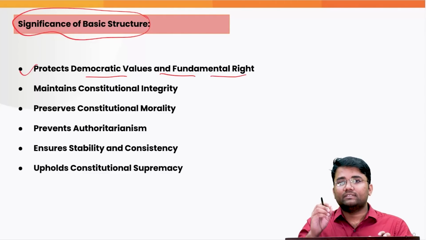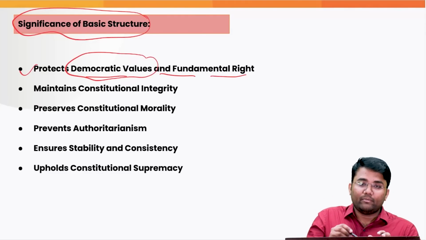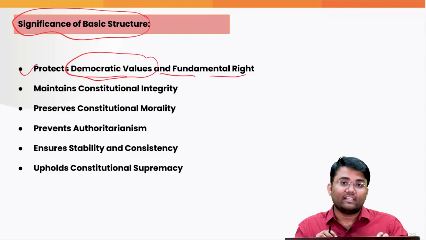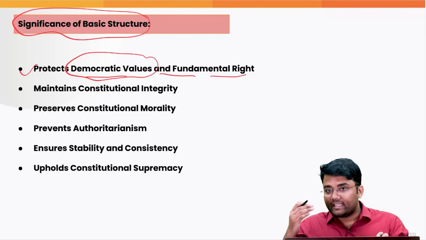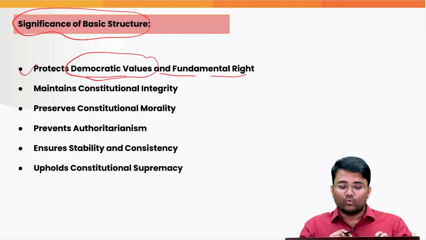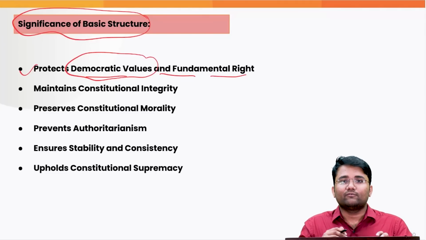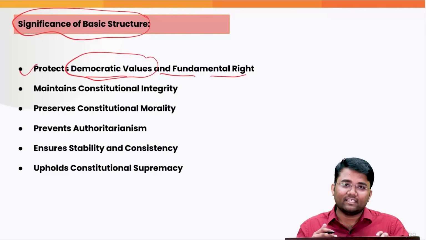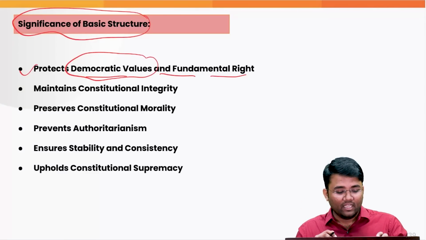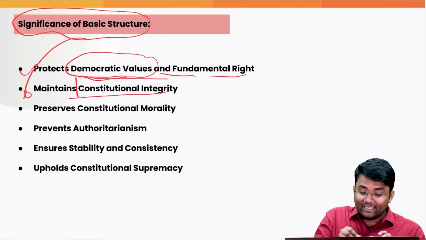If any person feels that some democratic values are being violated in a democratic country like India, they can approach the Supreme Court, and the Supreme Court will look into whether that particular law, act or executive action is violating the constitution. If that is the case, they will strike it down. And also, the basic structure maintains constitutional integrity.